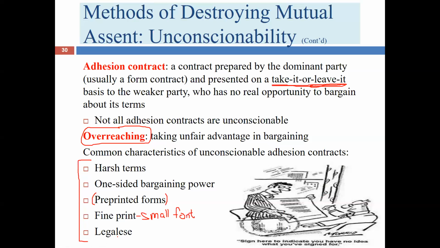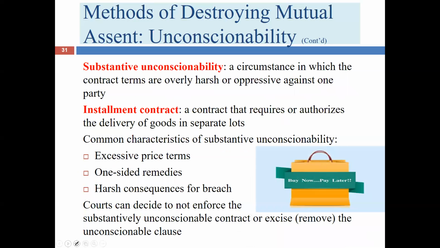Legalese, again, this would be throwing in a lot of Latin or having really convoluted sentence structure, sentences that go on for pages, for example, that would be very, very difficult for a non-legal professional to make sense of one way or the other. These would be indications that you might have an adhesion contract that is unconscionable.